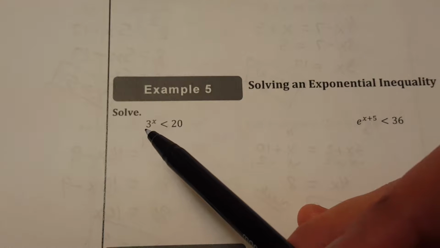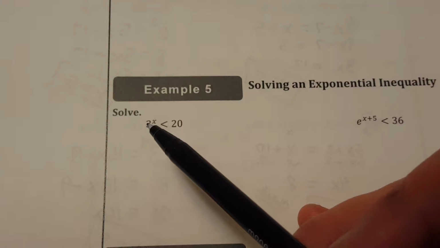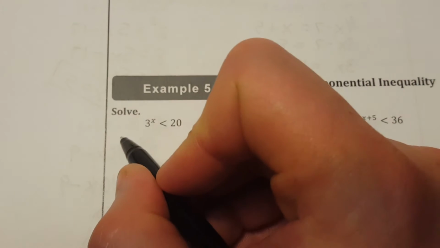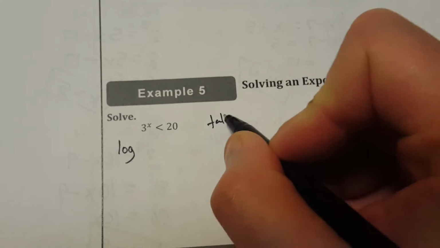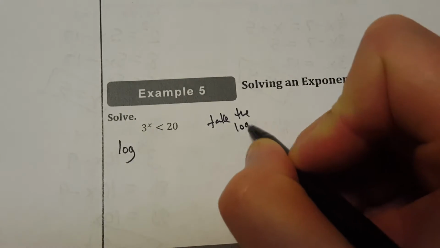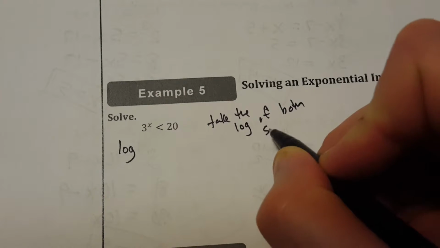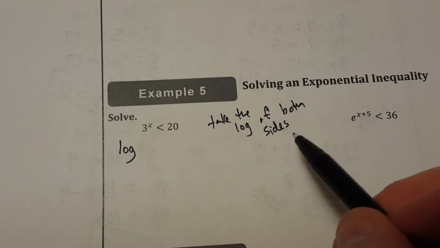I found out a couple days ago that the inverse of 3 to the x, a base 3 as an exponent, is a logarithm of a base 3. So if I rewrite this, I'm going to take the log of both sides.